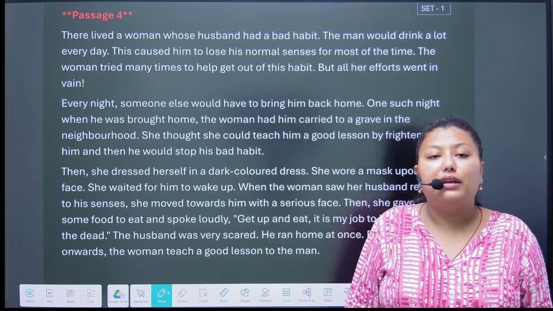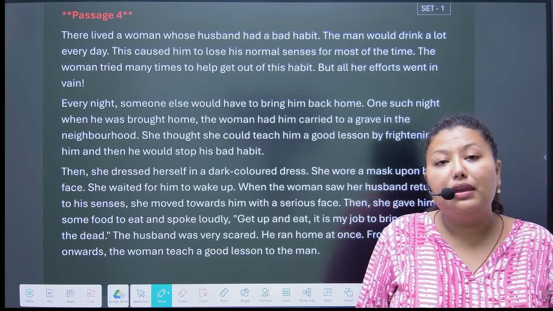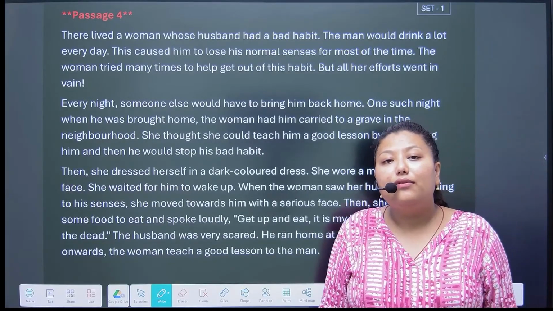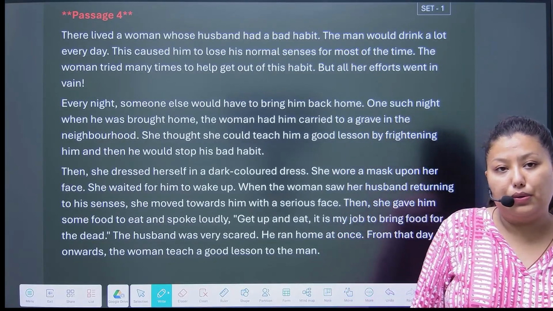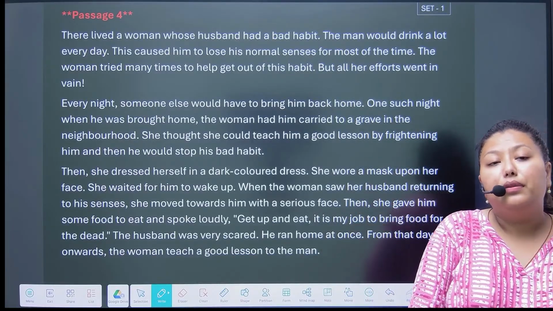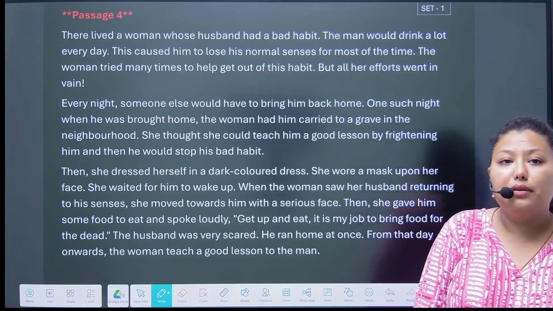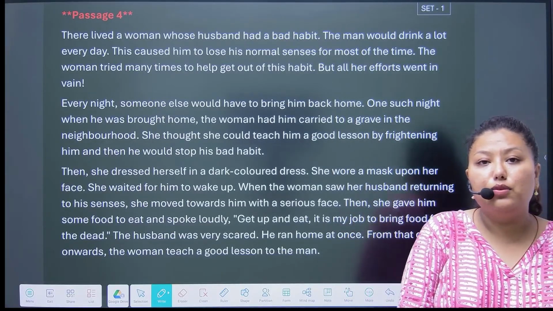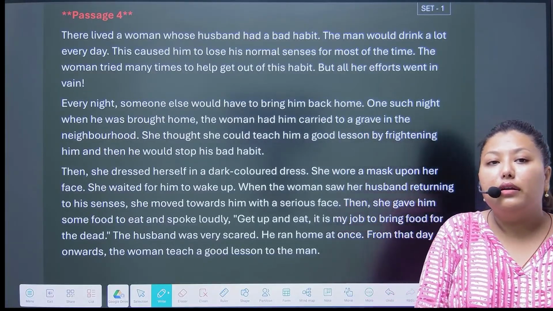One such night, when he was brought home, the woman had him carried to a grave in the neighborhood.